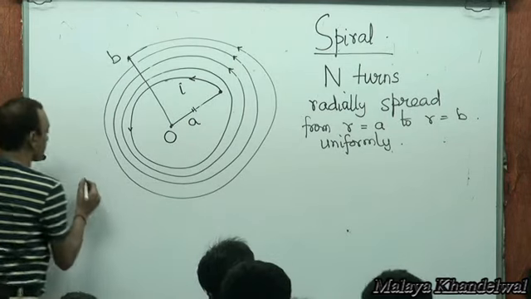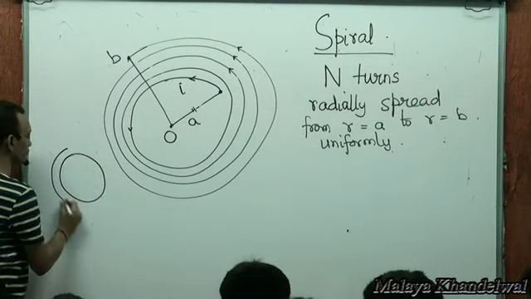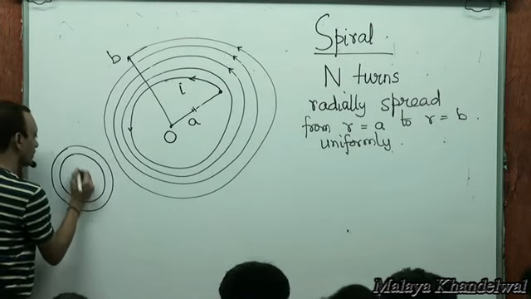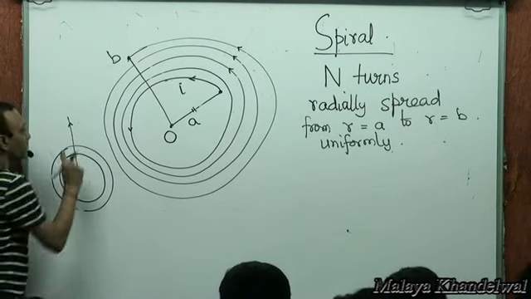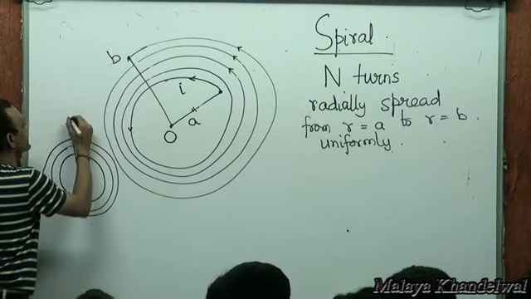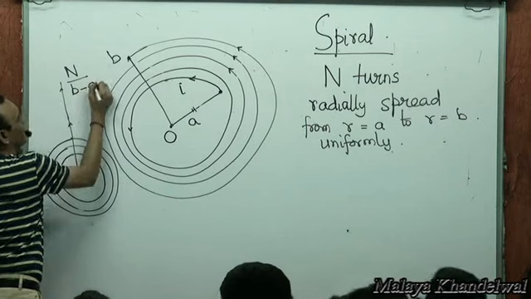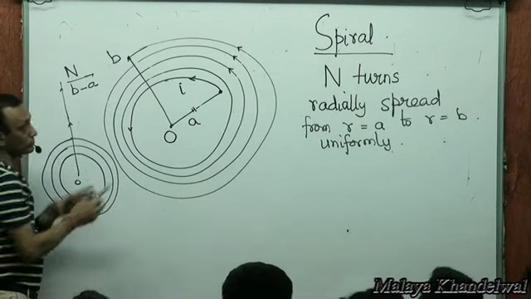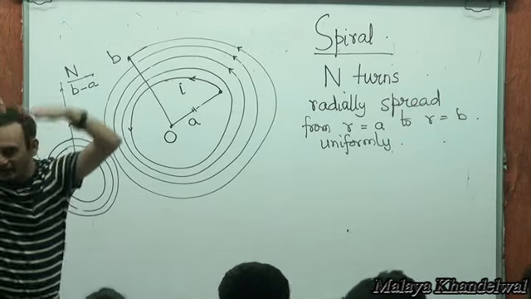That means, if in the radial direction you moved, this was the radial direction from O, then in this direction, the number of turns per unit radial distance would be n by b minus a. Yes or no? Yes. Right? Over a separation b minus a, there were n turns.